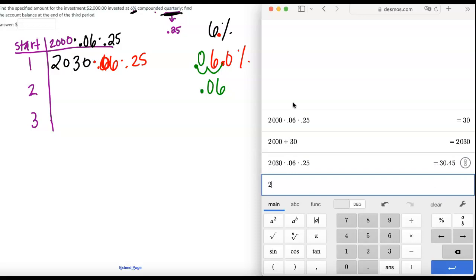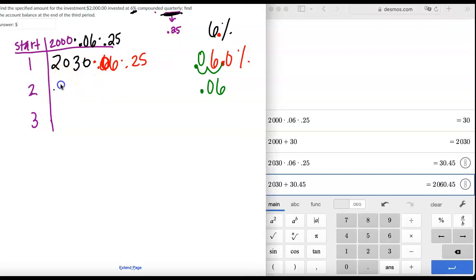So I'm going to take my balance and add the interest. After the second period, our new balance is 2060.45. See how we're getting bigger, we're making money, and we're going to do it again.